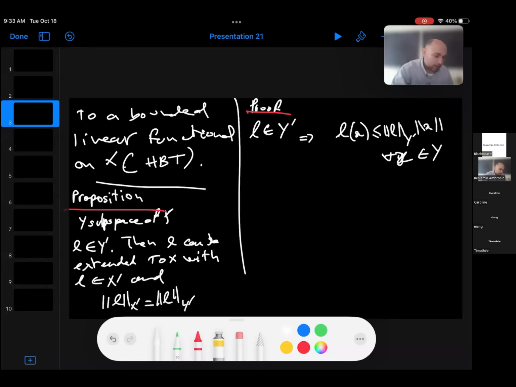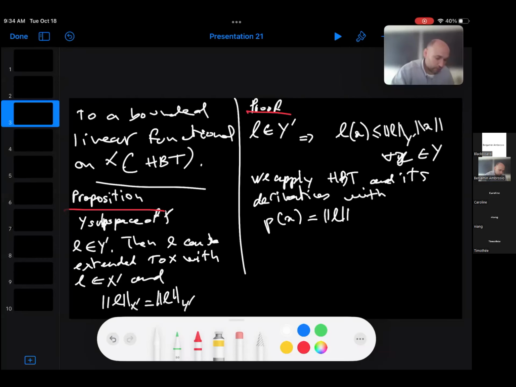Again, I did it a couple of times just before, but let's recall some more details. I apply the Banach theorem and its derivatives, I should say. The idea is to take p of x equals the norm of L in Y prime times the norm of x. Then I apply the Banach theorem or its corollary.